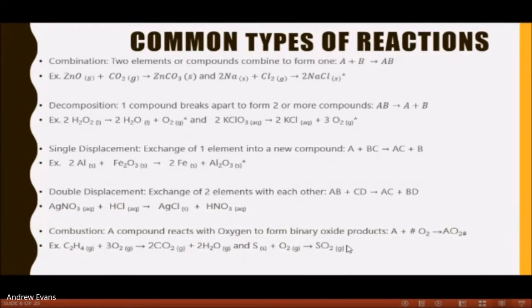Nitrogen burns in the presence of oxygen to form either dinitrogen monoxide or various different oxides. You can even have things like magnesium burning in the presence of oxygen to form magnesium oxide. It doesn't have to form a gas. It can form a solid. It's just a metal or something burning with oxygen to form a metal oxide of some kind.